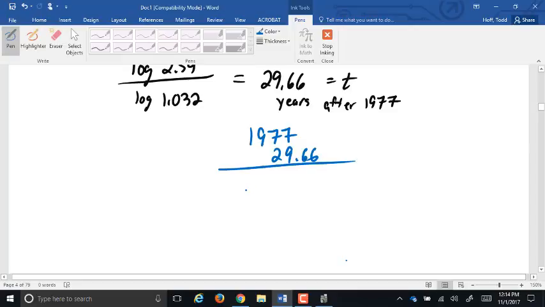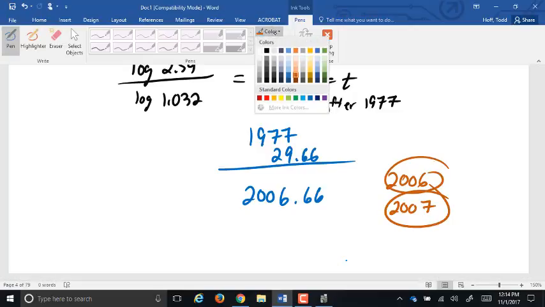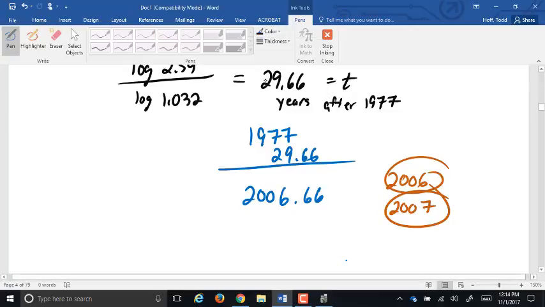So that's going to be, what, 2006.66. So that's telling us somewhere between 2006 and 2007 is when the tuition hit 42,000. So this process can be applied to any of these exponential problems to solve it.